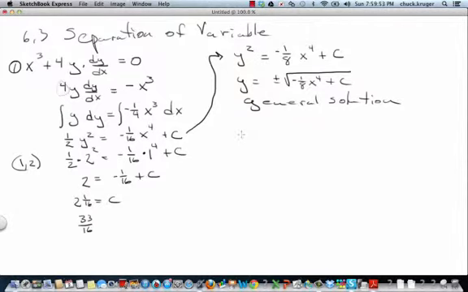And what I can do up here is now plug my c in. So I have y equals plus or minus the square root of a negative 1/8 x to the 4th, oops, what I need to do here, I just made a mistake.